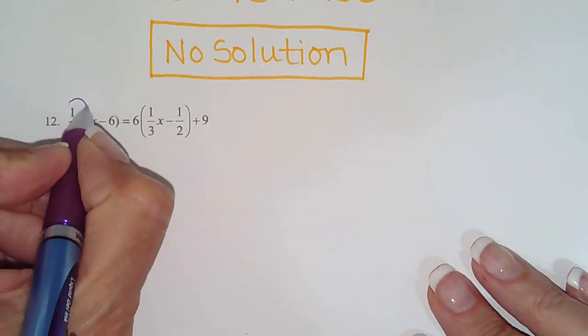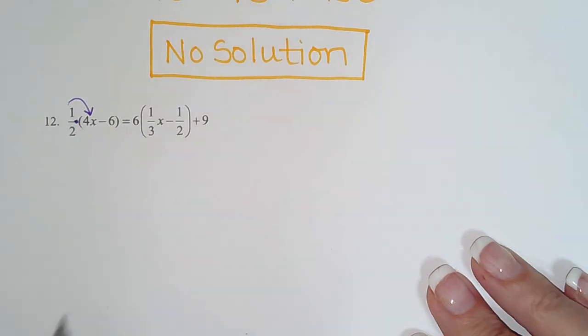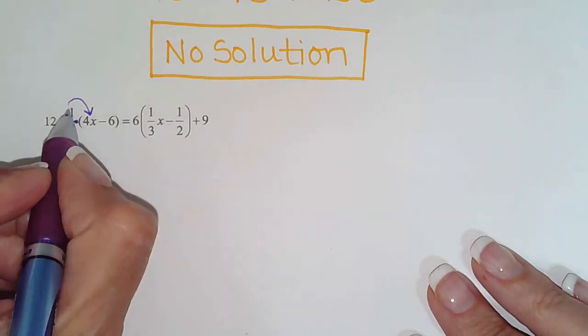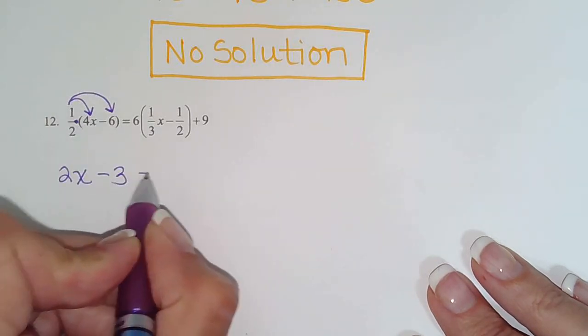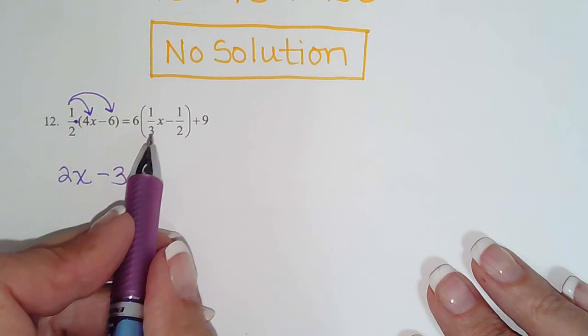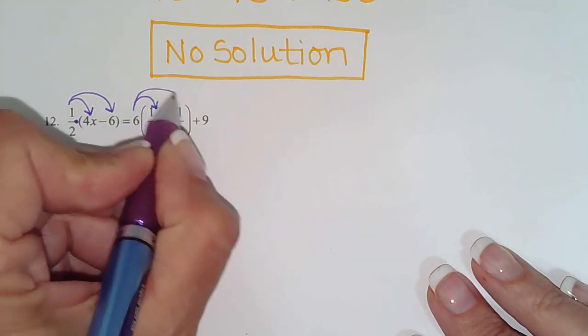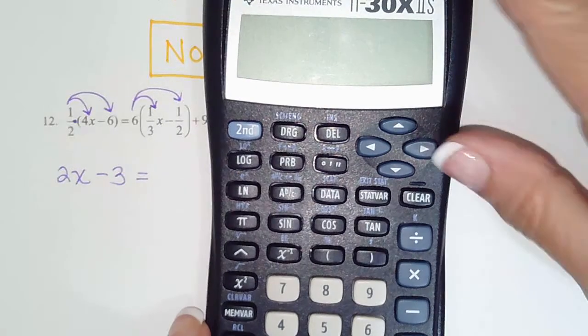So half of 4x, so this is times, so what's half of 4x? 2x. Minus, what's half of 6? 3. And then if you can't do fractions very well in your head, that's okay. Just use your calculator. So this would be 6 times 1/3.